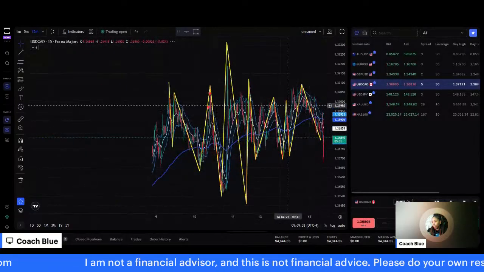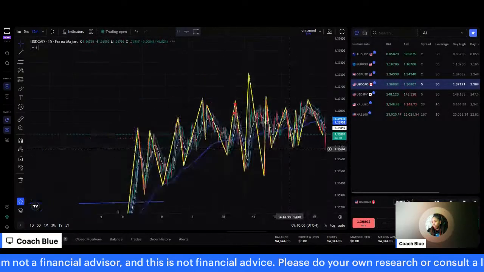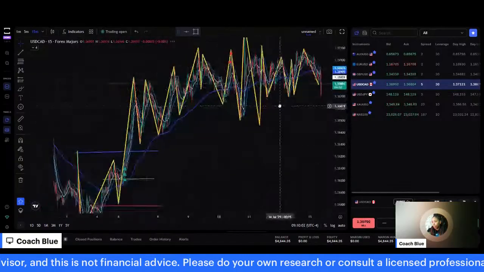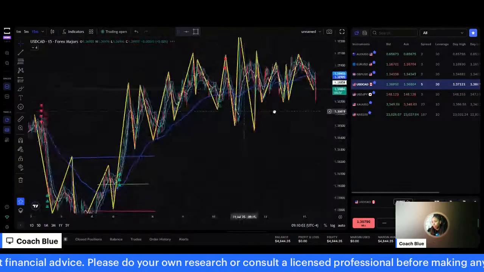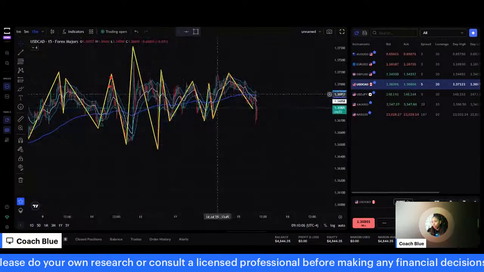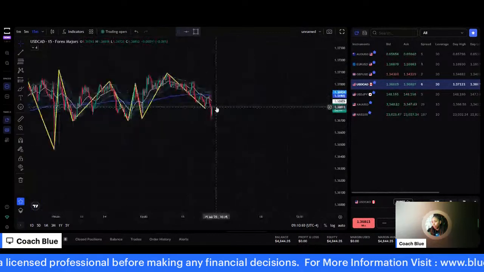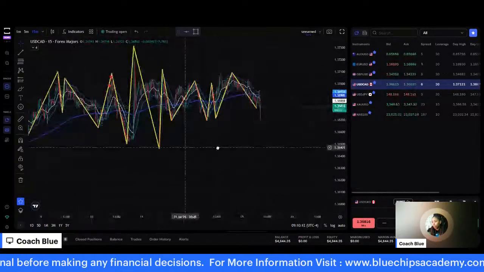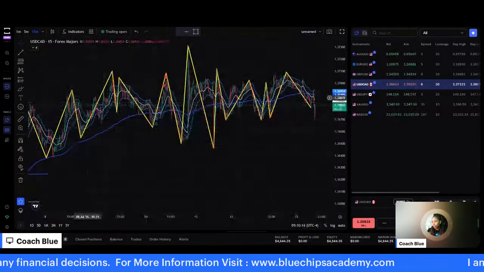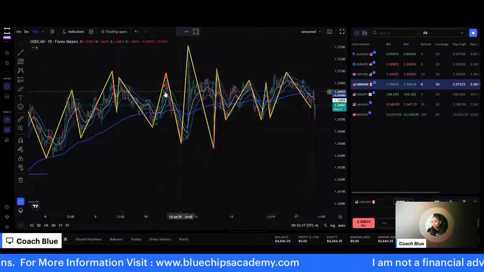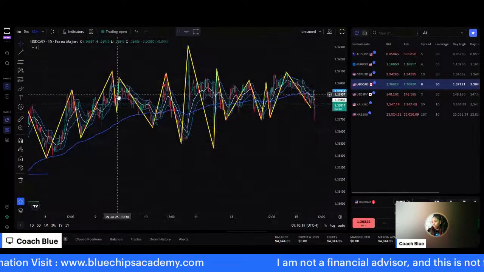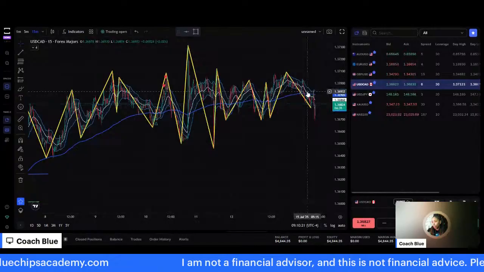First thing I want to see is, what's my overall direction for CAD? We're moving up. It's a lot of noise right now for USD CAD. See all of this choppiness here? When you see this, especially for scalpers, when there's a lot of back and forth like this, don't risk as much on your trade.